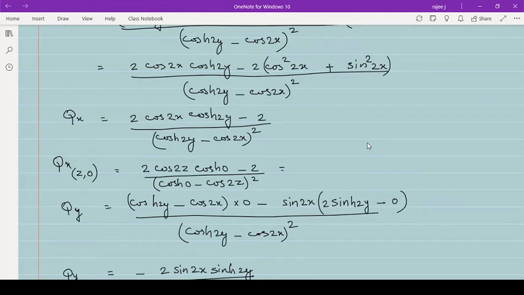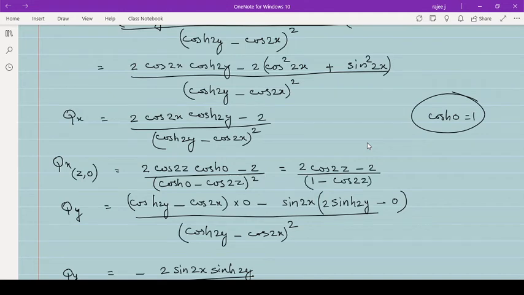Cosh 0 we know is 1. So 2 cos 2z minus 2 divided by, denominator cosh 0 is 1, so (1 minus cos 2z) the whole square.